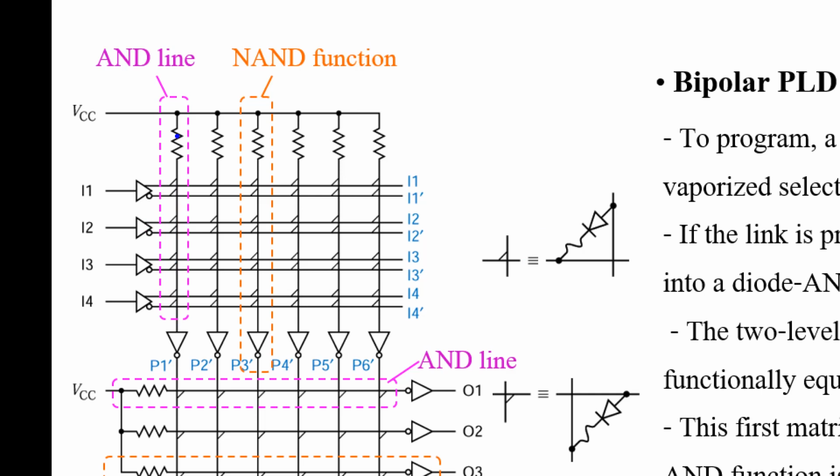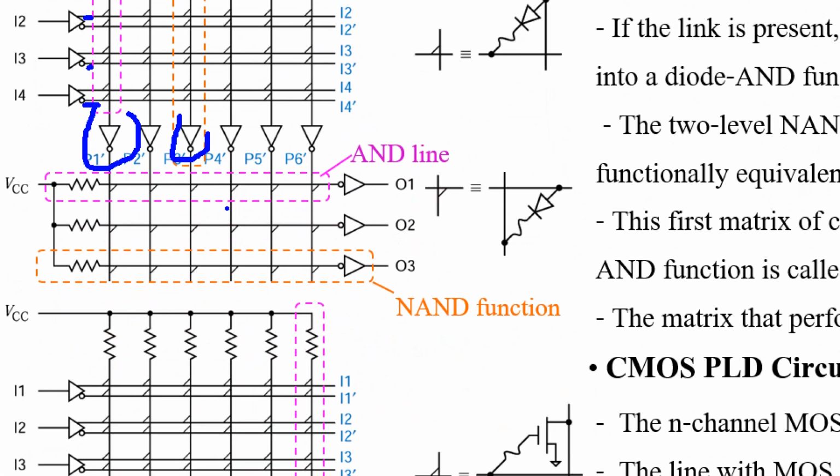So we call this line an AND line because it acts as an AND function. It will be high if and only if all of the inputs become high. And if we include this inverter, then it becomes a NAND function. Similarly for this one also, AND line and inverter then become a NAND function.